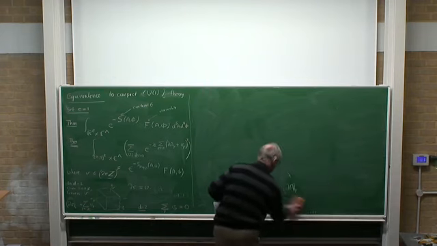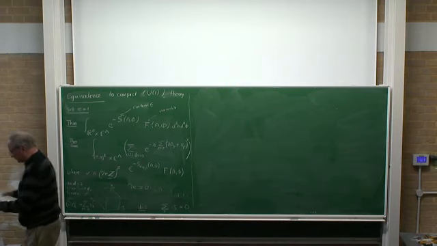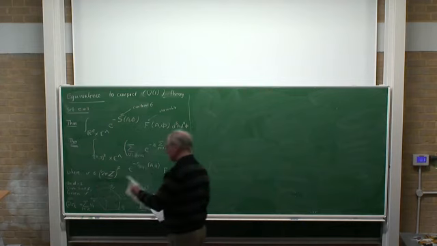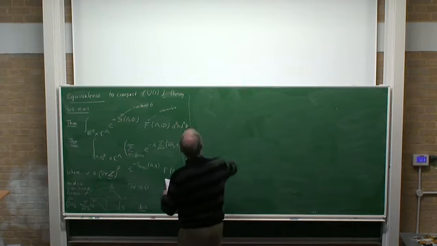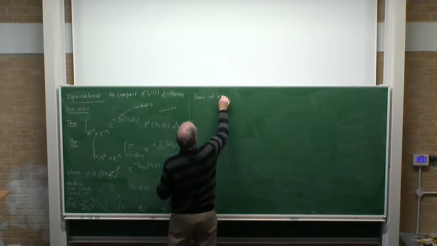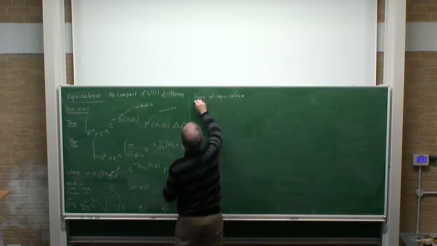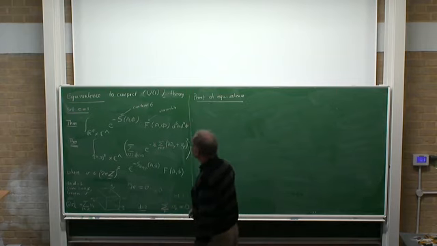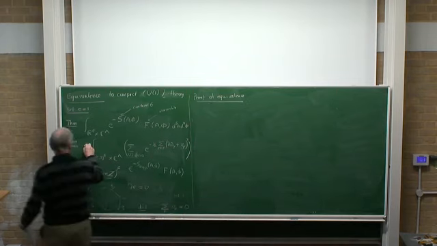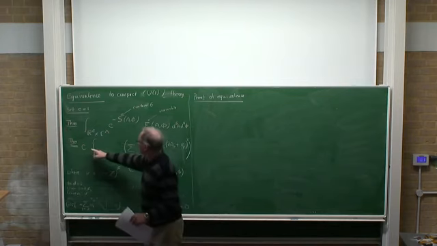And then you will see what all that is about. Proof of equivalence. Well, you know, there may be a constant here, but that cancels out when you look at the expectation.